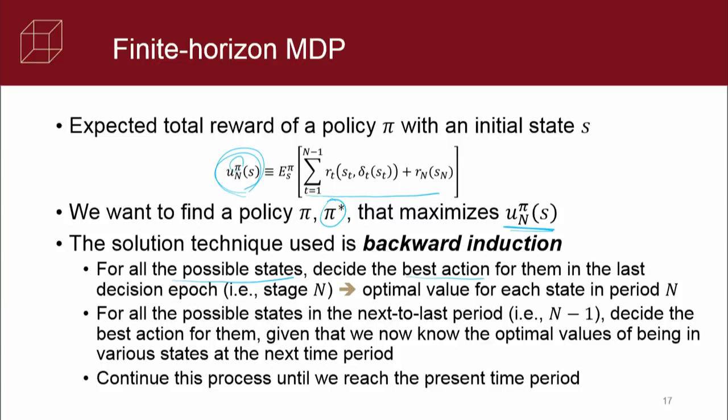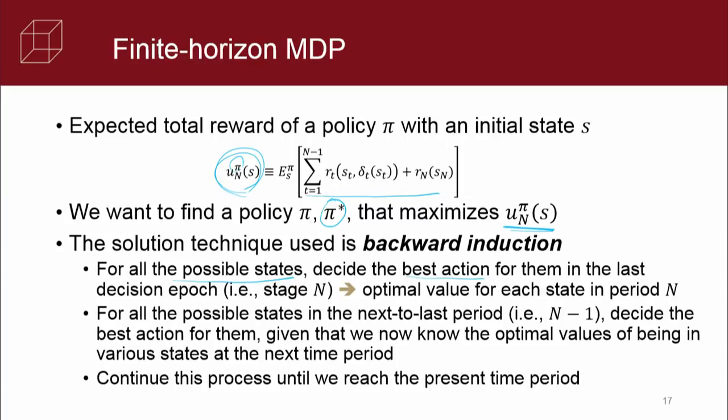For all possible states in stage n-1, we decide the best action for them, given that you know the optimal values of being in the various states at the last stage n.